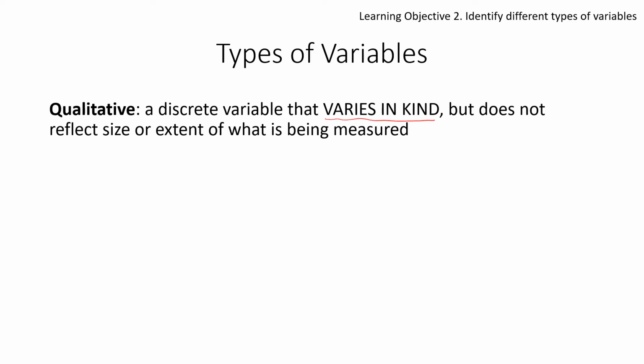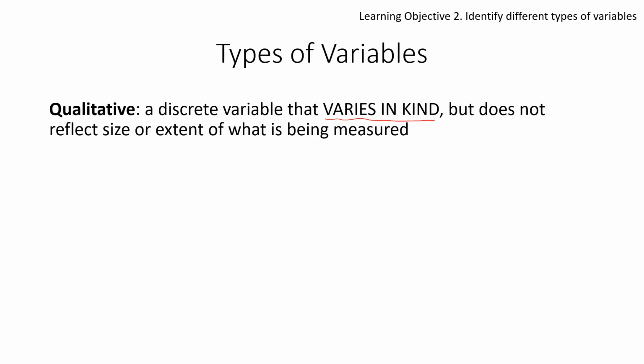Varies in kind means you're grouping them together into categories. So if I was interested in what type of vehicle you drove, that would be a qualitative variable, because you would drive a Ford, a Chevy, a Toyota, whatever one it is.